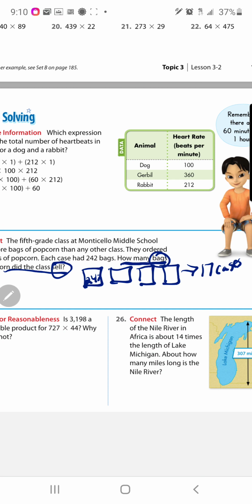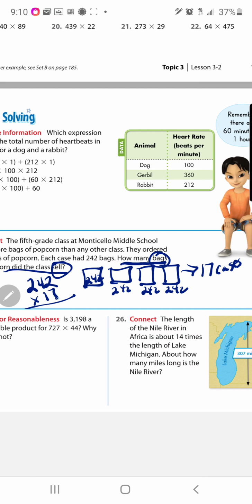This is 242, 242, 242, 242, until you get to the 17th case. You can choose to either add all of these numbers together, 242 plus 242 plus 242, until you get to 17 cases, or you can just wisely multiply a 3-digit number, 242, times a 2-digit number, which is 17, right? So let's go ahead and do that.